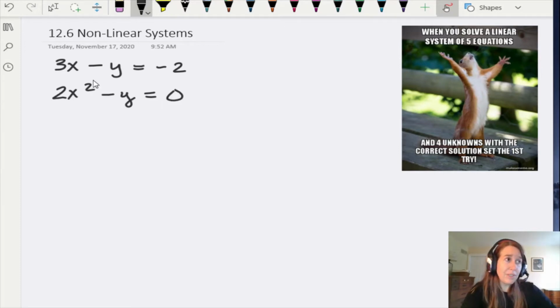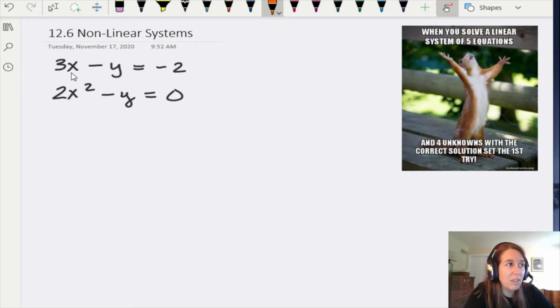So I can still use substitution or elimination when I'm solving these. The method doesn't really change, but I do need to think about which variable would make the most sense to eliminate. For example, if I wanted to eliminate x, how do I do that? Because I have an x and I also have an x squared, right?